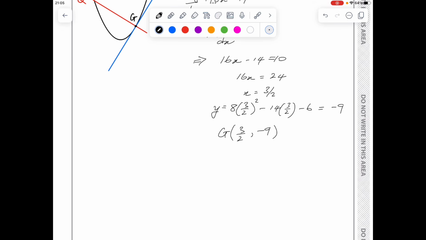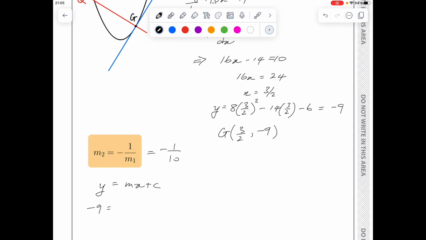Now for line Q, I will use the following rule. When you have perpendicular lines, M2 is equal to minus 1/M1, and because the gradient of the blue line is 10, then the gradient of the red line, line Q, is equal to minus 1/10. So y equals mx plus c.